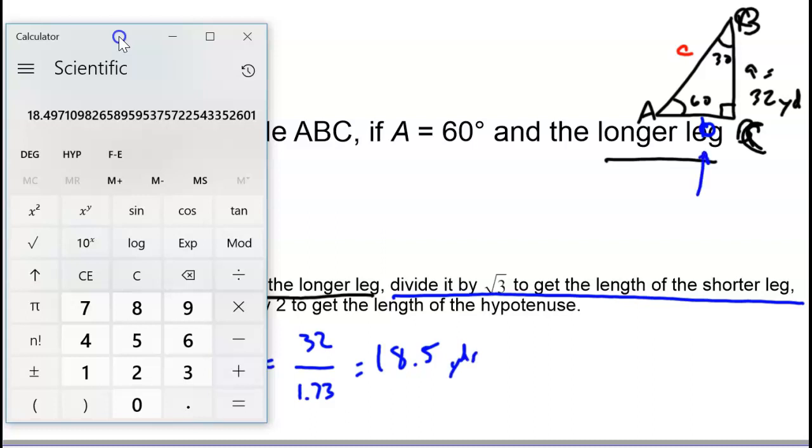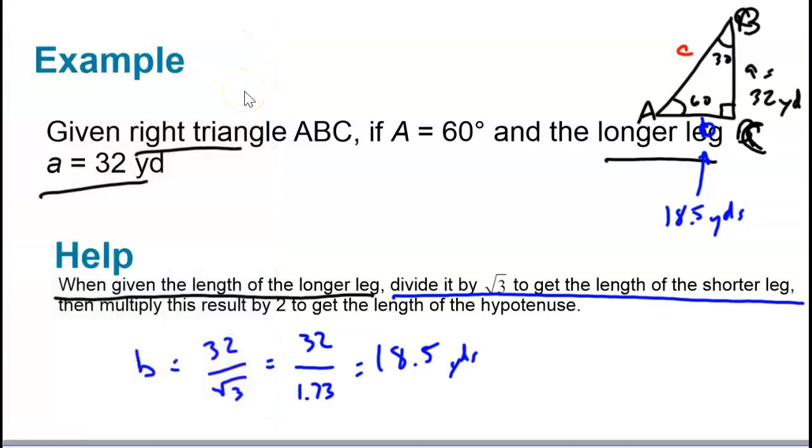And so this will be 18.5 yards. And now let's find C. Looking at the rule, it says for C, then multiply this result by 2 to get the length of the hypotenuse.